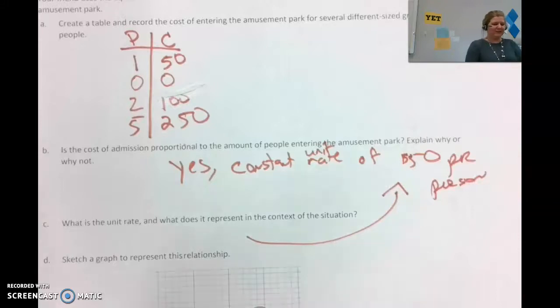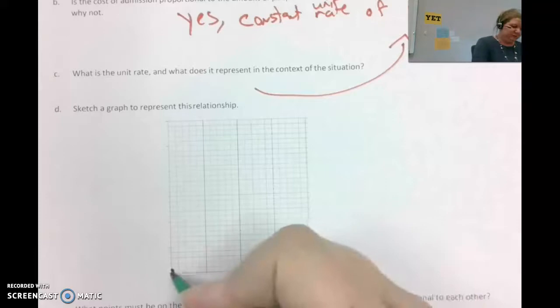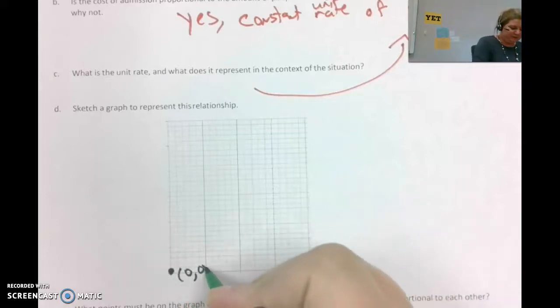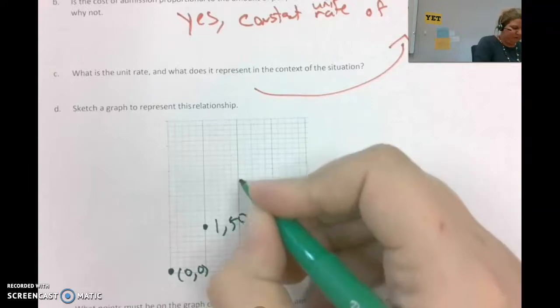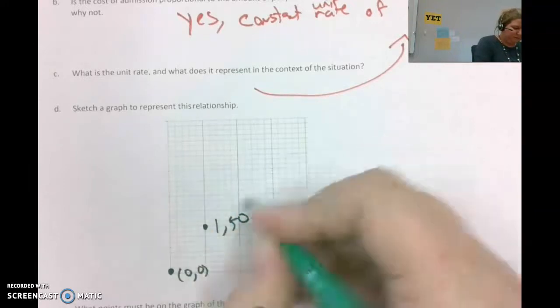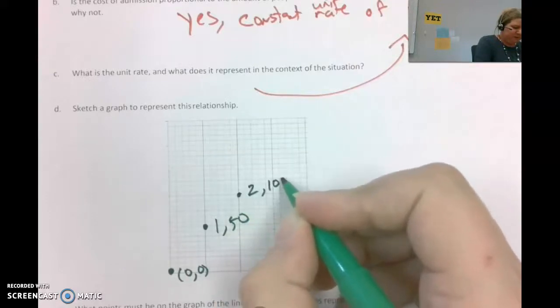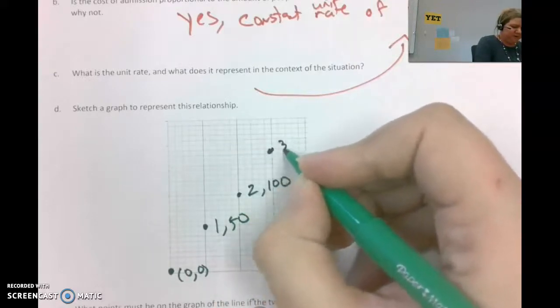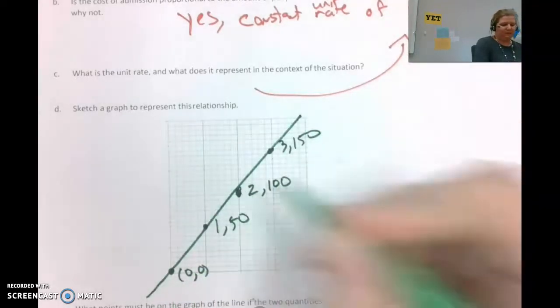If we're sketching it, it doesn't have to be perfect. I'm going to put here 0, 0. This would be 1 person for 50. Let's see. 2 people for 100. 3 people, 150. Okay, you want to show it's a straight line through the origin.